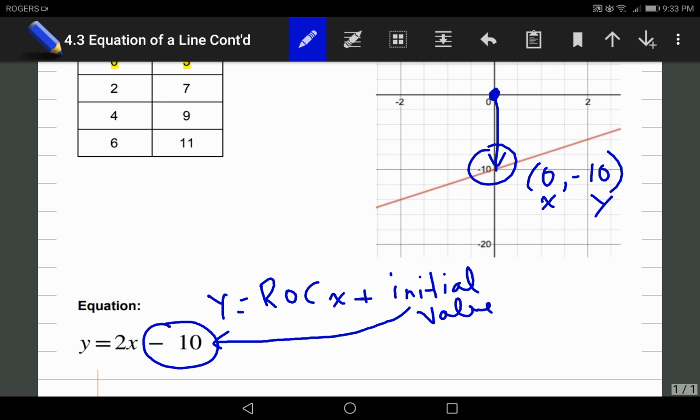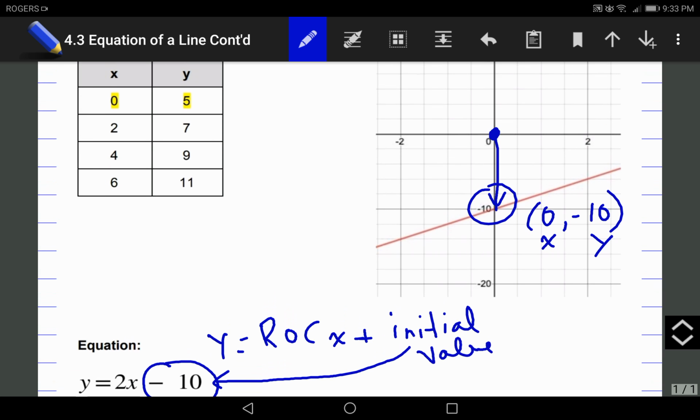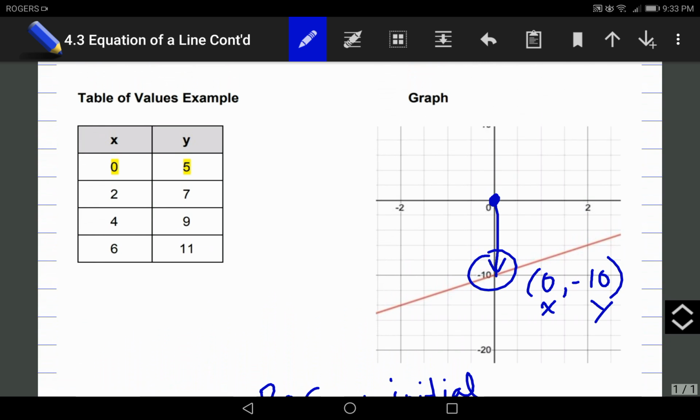And that's from the origin, which is exactly what we did here in the graph. Okay? And then lastly, in a table, you are looking for wherever there's an x value of 0, you're looking for a value that is not 0 for y. All right? So let's make a note on that.